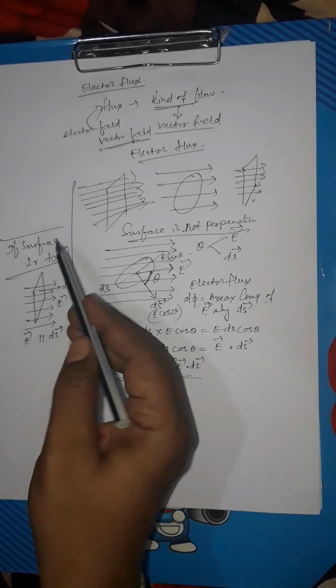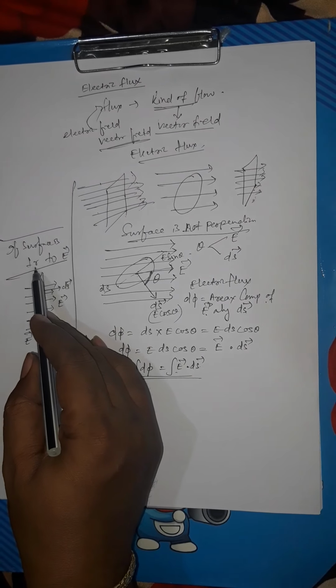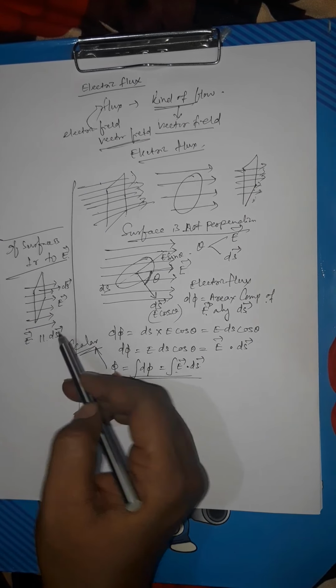Here you see, the surface is held perpendicular to the electric field, but E vector is parallel to ds vector.